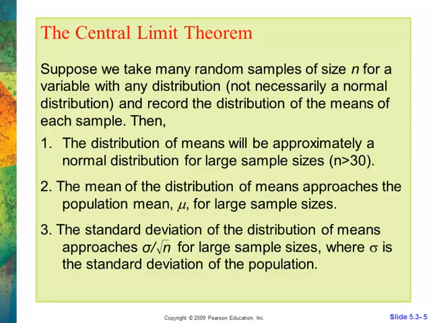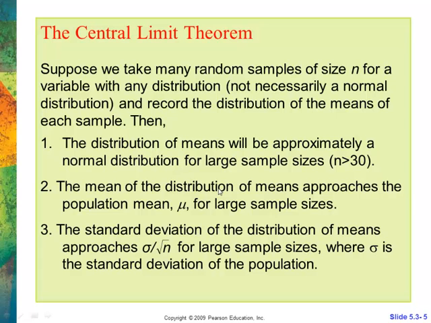This is useful because when we do testing, if we have samples bigger than 30, we can assume through the central limit theorem that we're dealing with normally distributed things, because we're taking means of those. So that's the first part: they become normal.